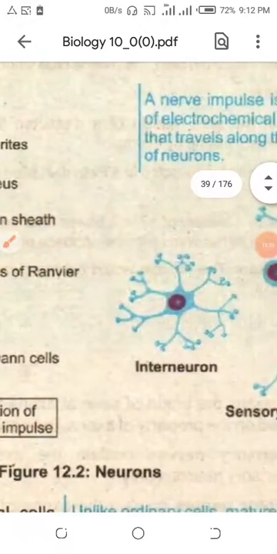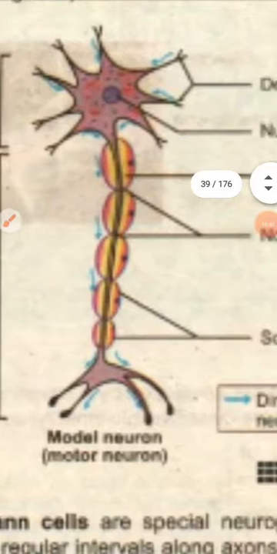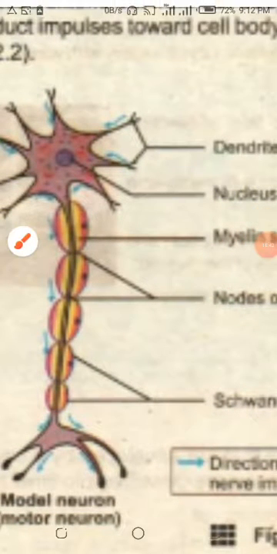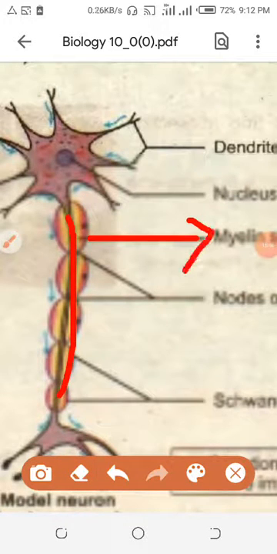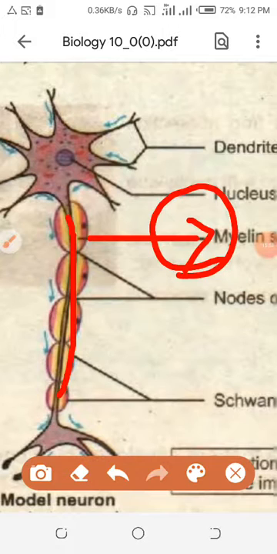Now, one important thing I have to tell you. This axon, where is the axon? This is the axon, covered by a membranous structure, the myelinated sheath. M-Y-E-L-I-N-A-T-E-D, myelinated sheath.